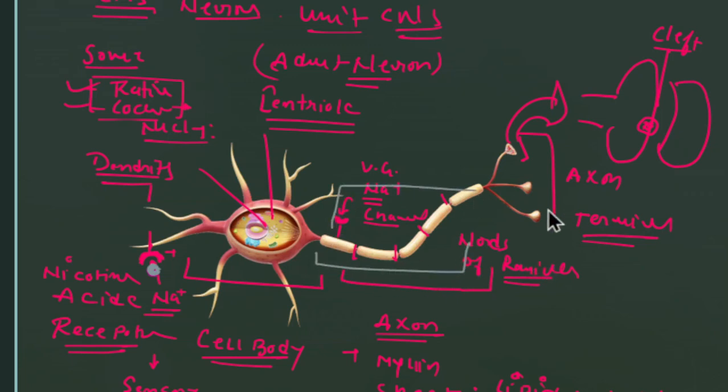This region will propagate the signal up to the axon terminal, and this axon terminal will interact with the postsynaptic region or cell body region of another neuron. This is how neurons work in the central nervous system.